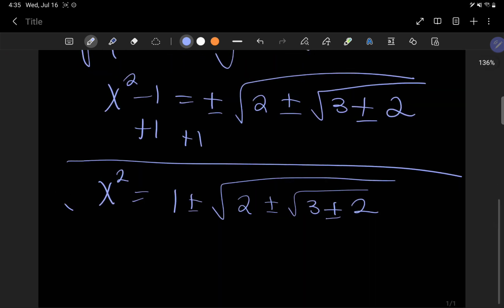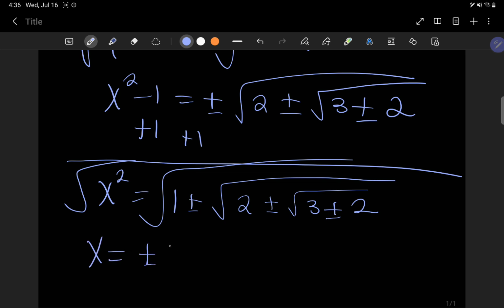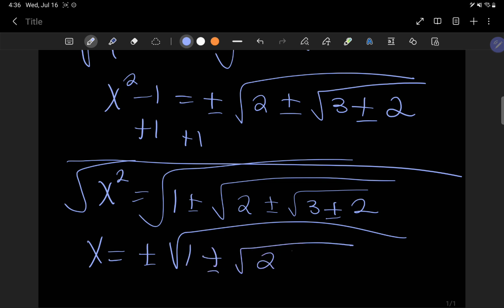I know. And then square root. So x is plus and minus square root 1 plus and minus square root 2 plus and minus square root 3 plus and minus 2.